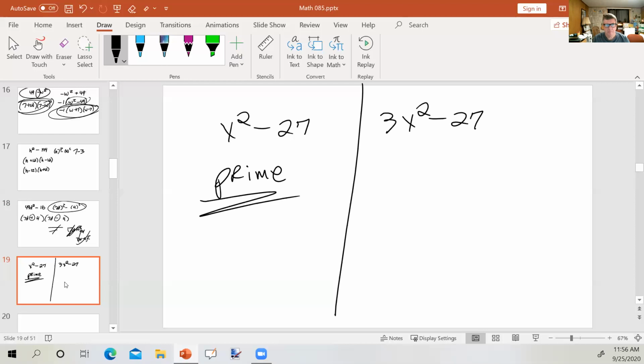So how would you do that? You're overlooking something. When you factor out the 3 and then you would get... What do you call that? We're factoring out the greatest common factor. Bingo. Good job.